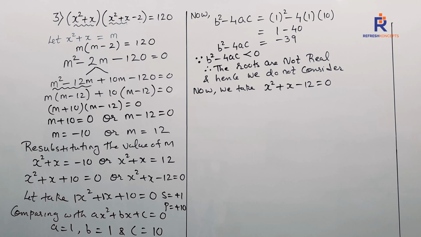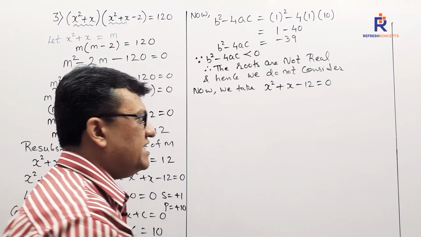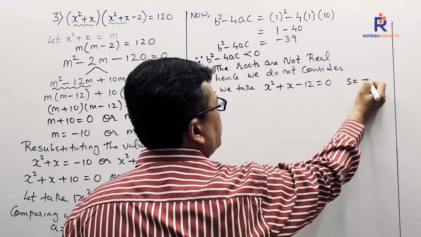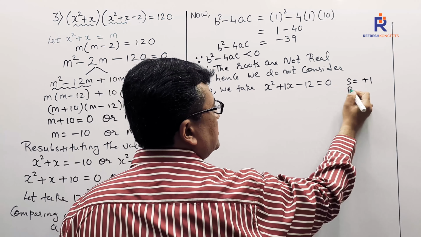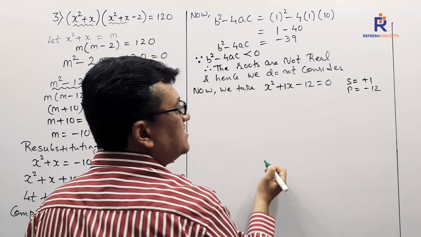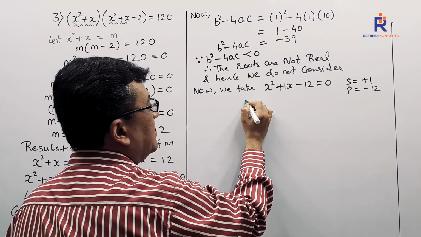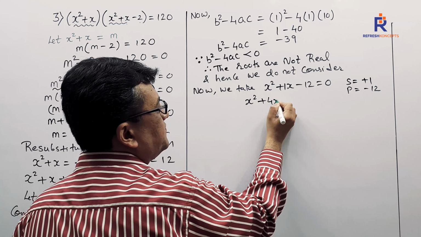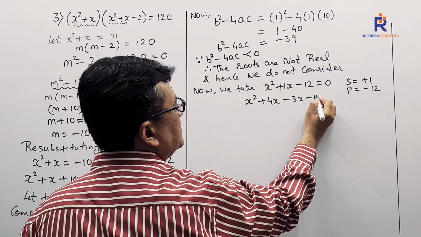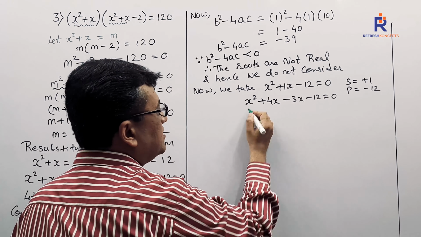Do you think that we have possible factors for the same? Indeed. What is the sum? Sum is plus 1. What is the product? Product is minus 12. What is the answer? Plus 4, minus 3. X square plus 4x minus 3x minus 12 equals to 0.